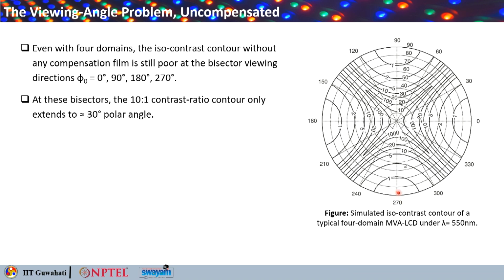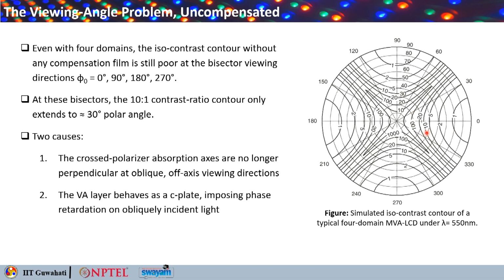At these bisectors, the 10:1 contrast ratio contour only extends up to say 30 degree polar angle. So that is not good. You can particularly see this in the azimuths, and the 10:1 contrast ratio only reaches about 30 degrees of the polar angle.